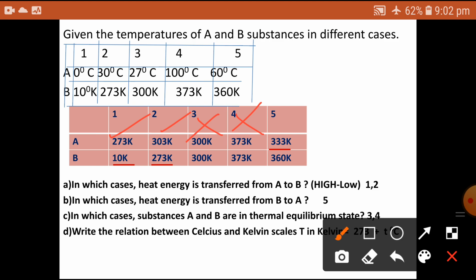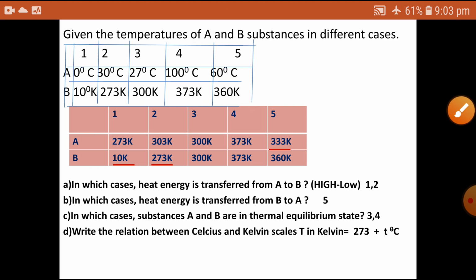And in fifth case, if you see here, 333 Kelvin and B is at 360. So B is at the higher temperature, no heat transfer from A to B. So what are the cases? You have to write 1 and 2, because A is at higher temperature when compared to B in the first case and the second case.